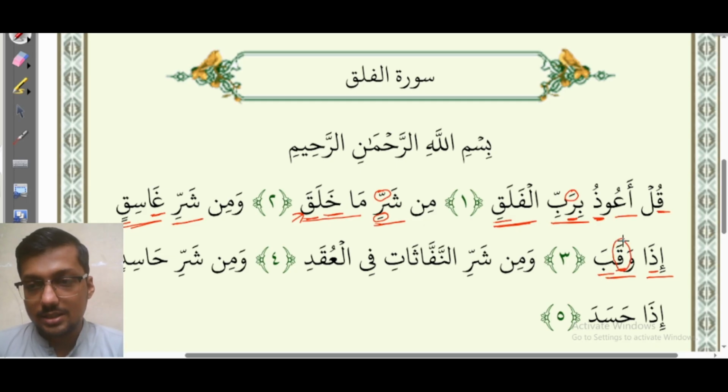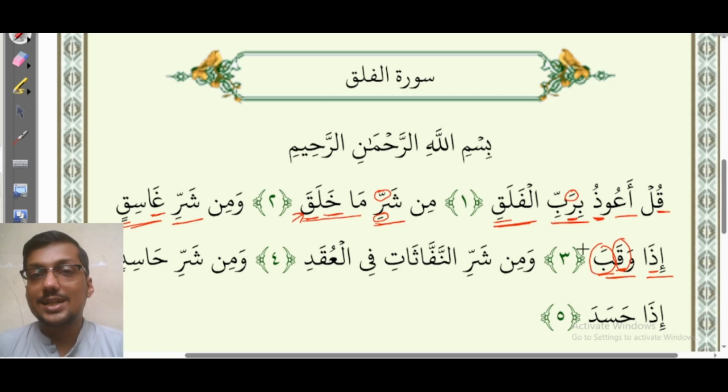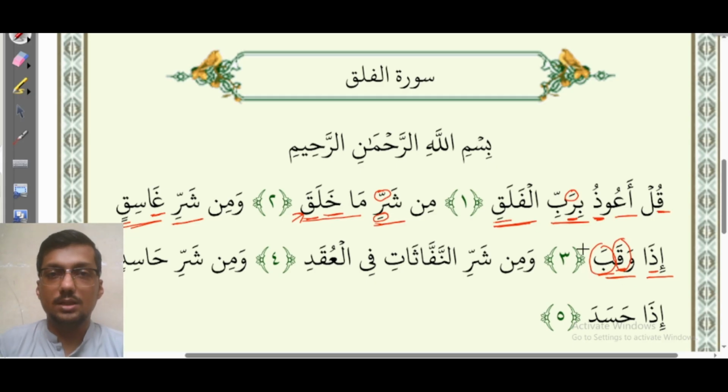Qaf is a heavy letter and Ba is a kalkala letter. So we read the Qaf with a heavy voice and the Ba with a kalkala. How? Waqab, not waqab. It's waqab. Okay? Next ayat.